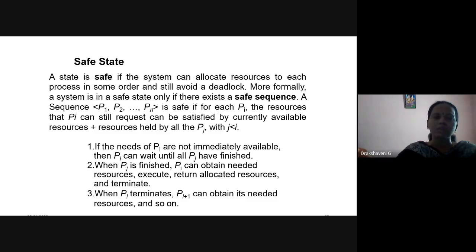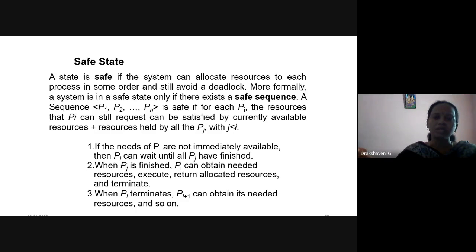The sequence can be P1, P2, P3, up to Pn. It is safe if for each Pi, the resources that Pi can still request can be satisfied by the currently available resources plus the resources held by all Pj with j less than i. This is what is called a safe state.